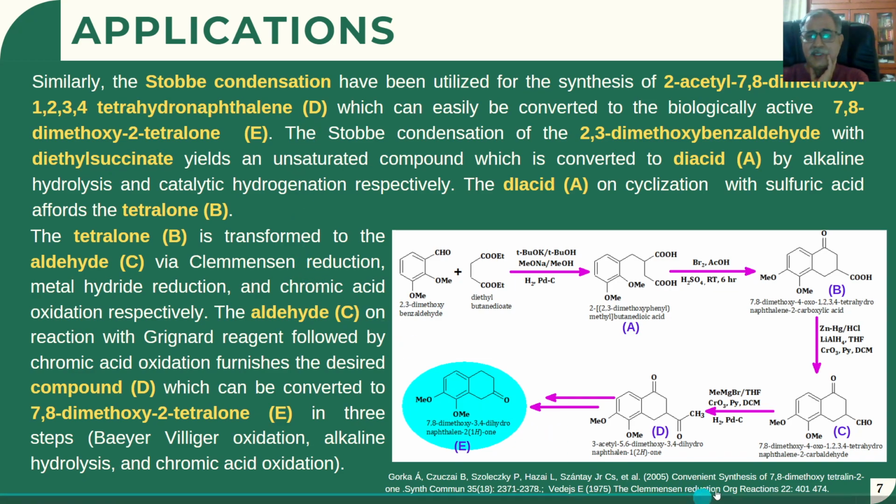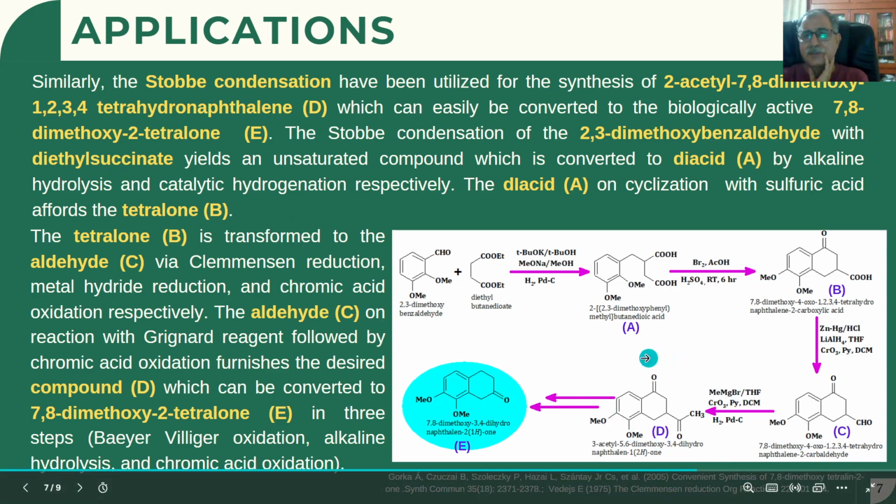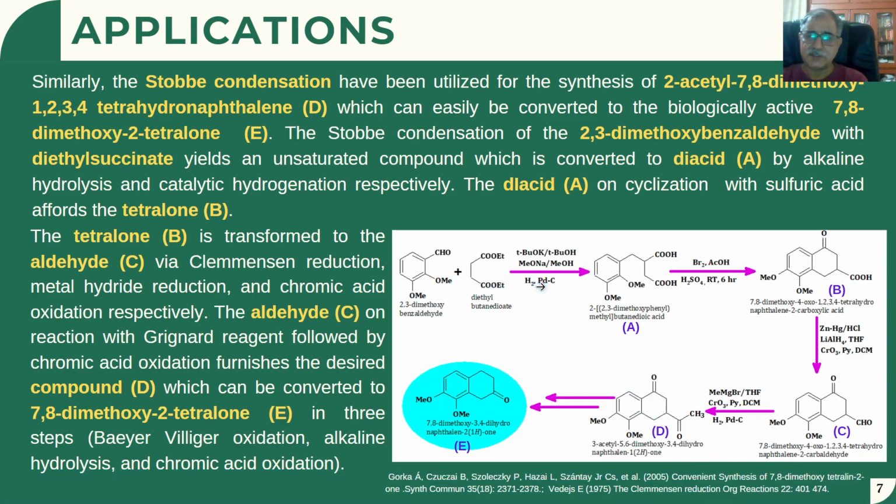So basically these compounds, 2-acetyl 7,8-dimethoxy 1,2,3,4-tetrahydronaphthalenes, are converted into tetralone derivatives, and these can be synthesized through Stobbe condensation. The only difference from the previous example is that there we used meta-methoxybenzaldehyde, whereas here we start with 2,3-dimethoxybenzaldehyde, with the same type of succinic ester.